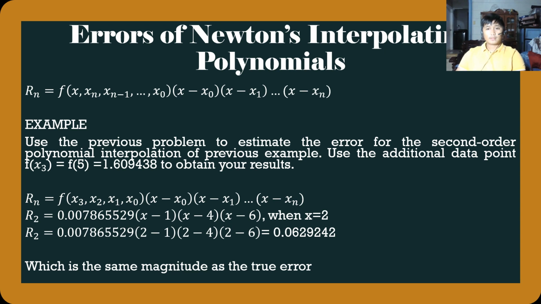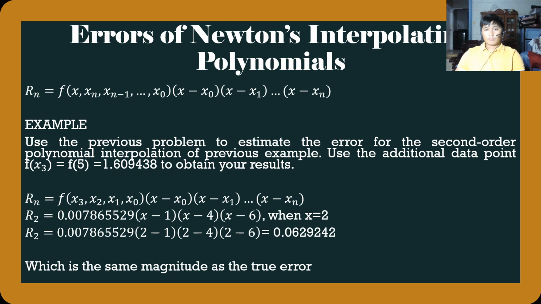Okay, last topic will be the errors of Newton's interpolating polynomials. So this is the general formula in calculating the error for Newton's interpolating polynomials. Same example we have previously, used the previous problem to estimate the error of the second order polynomial.